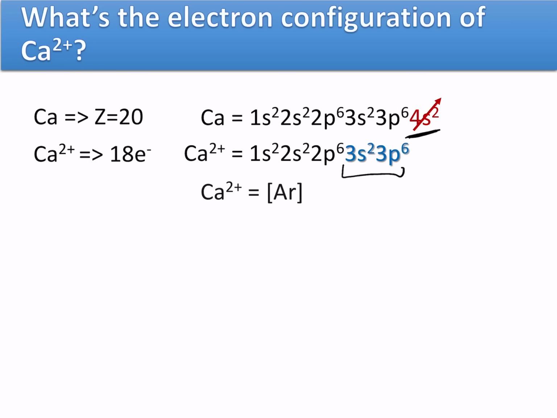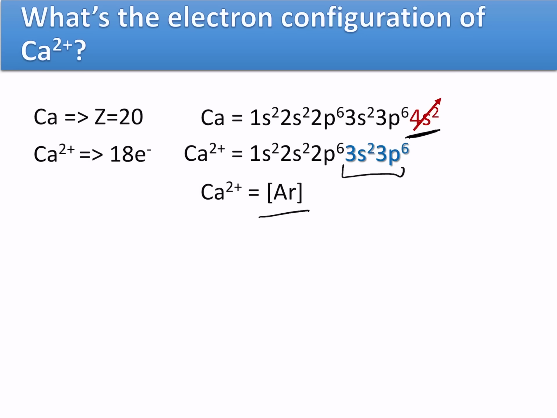Moreover, when you write the whole shorthand notation, the electron configuration of the calcium 2+ ion is that of argon. So the calcium 2+ actually looks like a noble gas, and it's very stable. Let's put it a different way: calcium always wants to work with 2+ because it gives it a noble gas configuration.